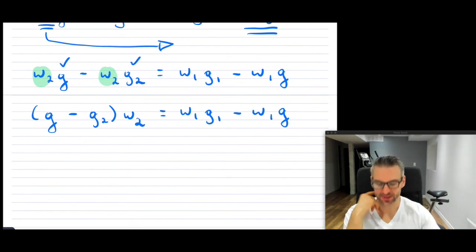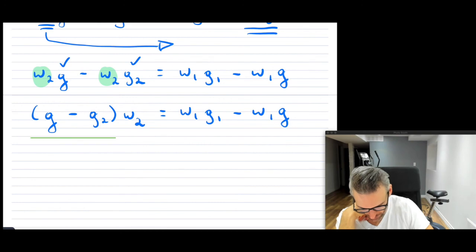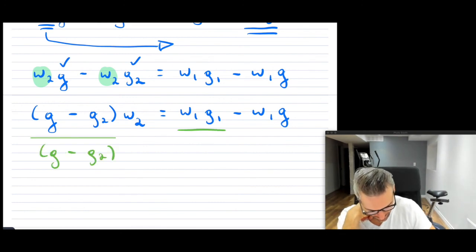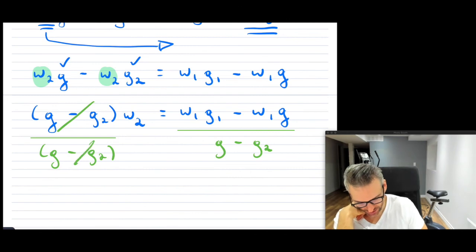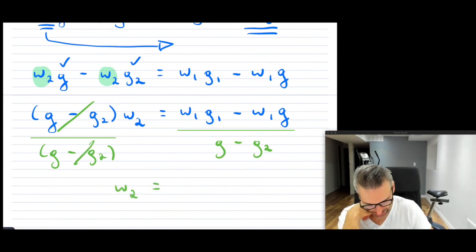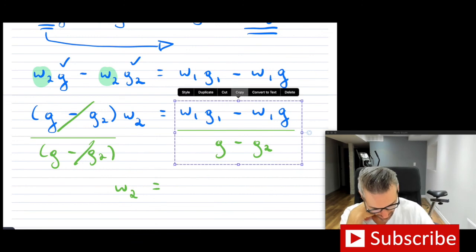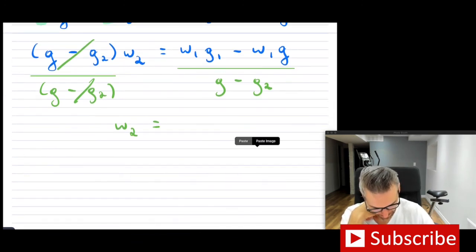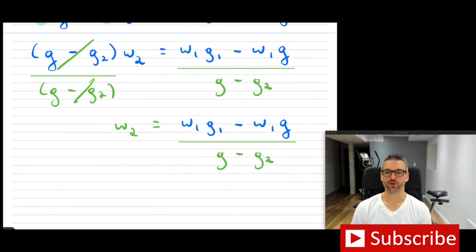And the final step to solve this is I'm going to divide both sides by that. So this will cancel, and we'll have our W2 equals exactly that. And I hope I had the W1s and Gs and G1s and so on all correct there.